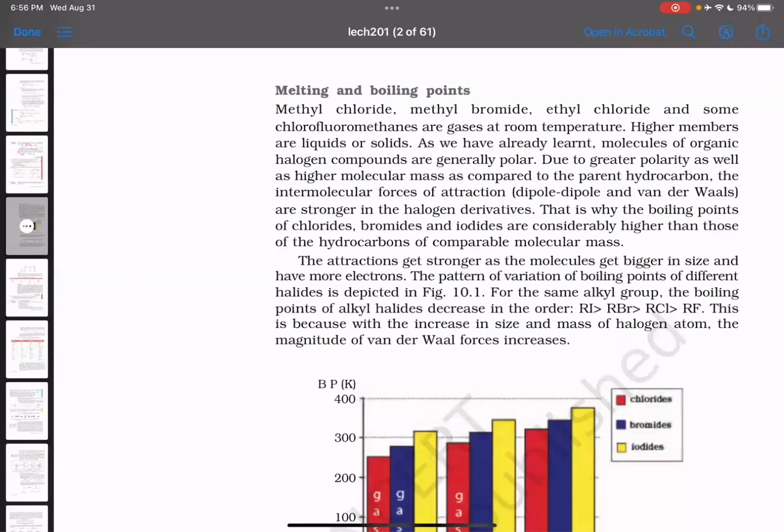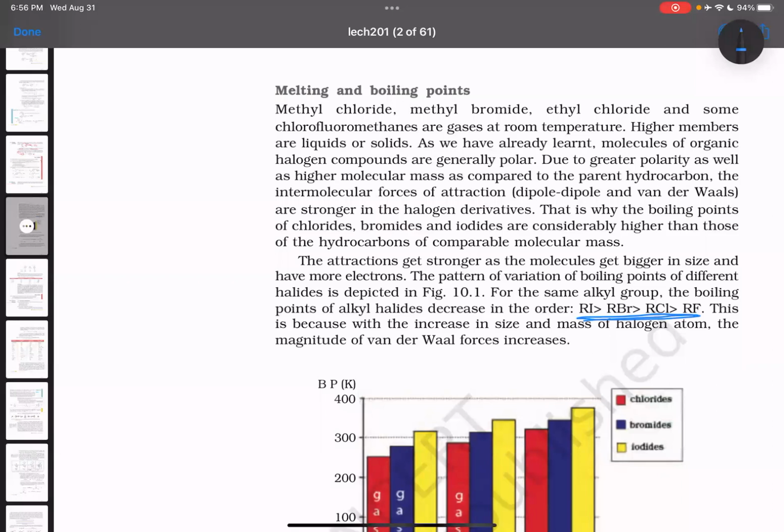So first of all, in alkyl halides, the boiling point is like this. It is because they are polar, and as you have heavier and heavier halides, iodine is much heavier than bromine because of its larger atomic mass, 127.